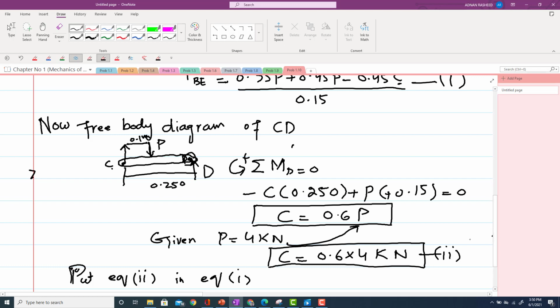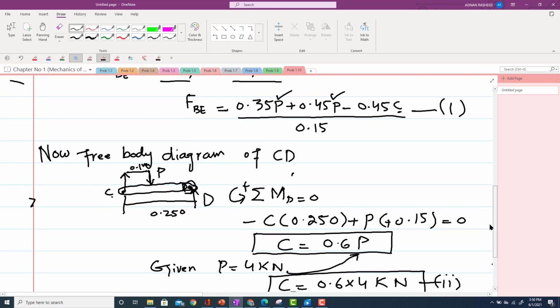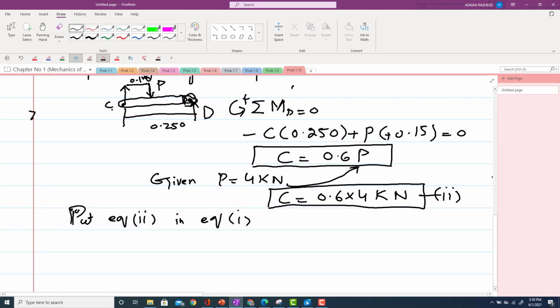So if you put the value of C and the value of P in this equation, definitely you will get, I will not solve it over here, FBE will be equal to 28.53 kilonewton.